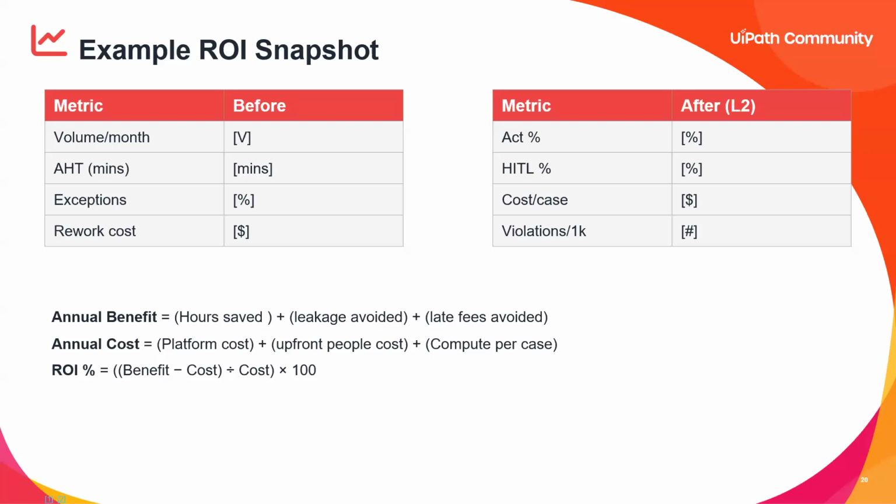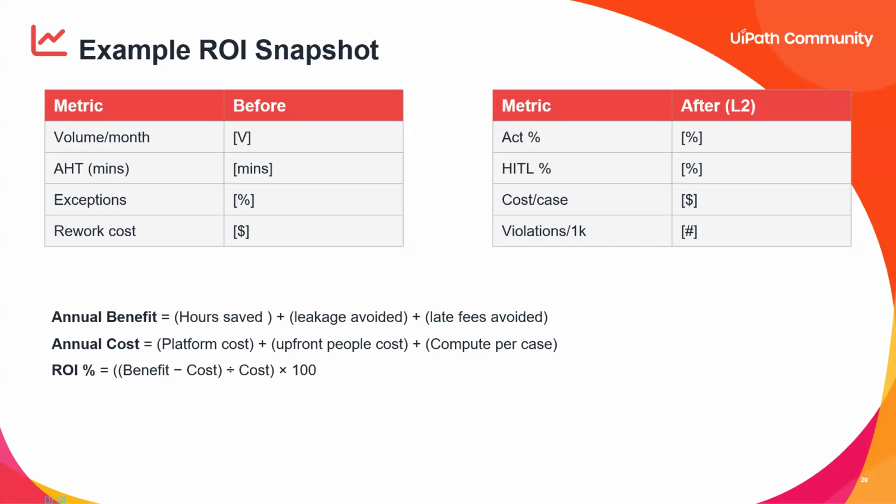And after the L2 step, we measure the impact and increased act percentage. Act percentage is nothing but how much the agent handles, and reduced human in the loop activities percentage, and crucially, cost per case and violations per 1,000 actions. And here are the generalized formulas.